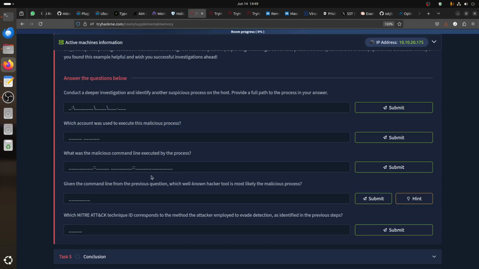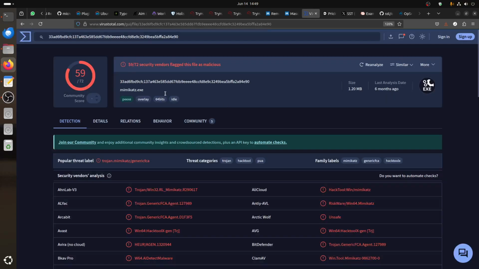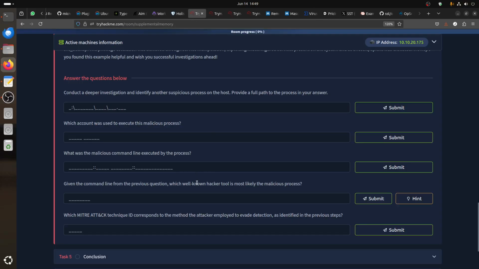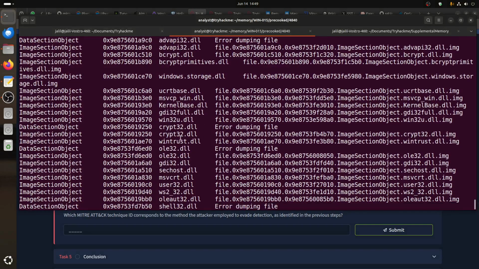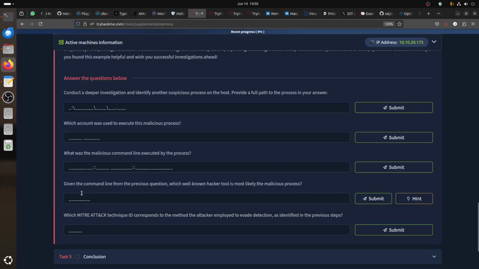That's why the question said, given the command line from the previous question, which well-known hacker tool is most likely the malicious process? When you see that command, you know it's Mimikatz. If you can dump the process and check this, it will tell you that. So it's a different way. You can just guess it. If you have used Mimikatz before, you know it's that. You can see it's still trying to get it, but it's fine. Just leave it running. Now we know it's Mimikatz.